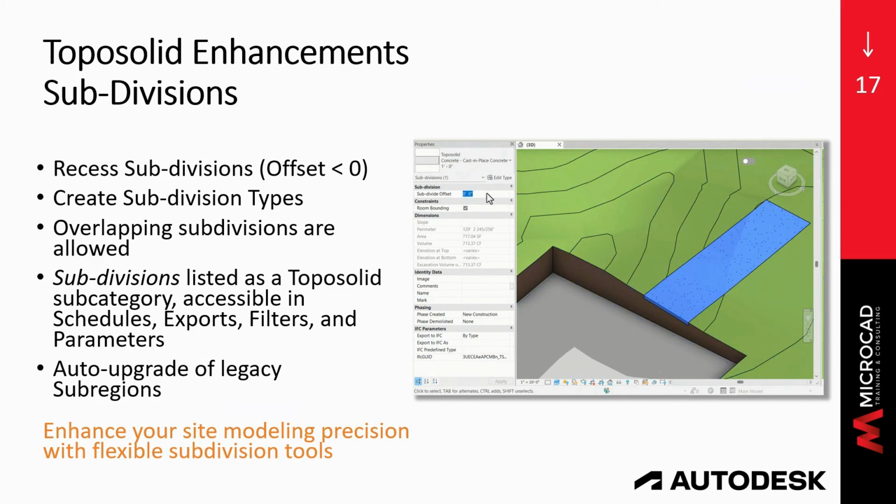Some limitations to this are that offset values cannot exceed subdivision type thickness, so that you are not going to have some floating geometry. Legacy parameters like material and inherit contour are no longer applicable. These settings are now controlled through type properties. Makes kind of sense.